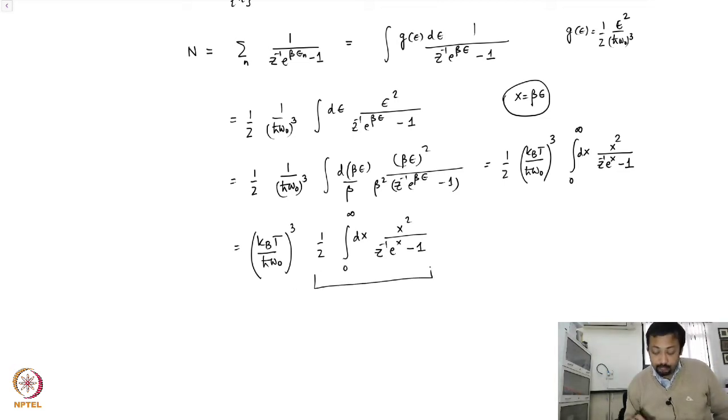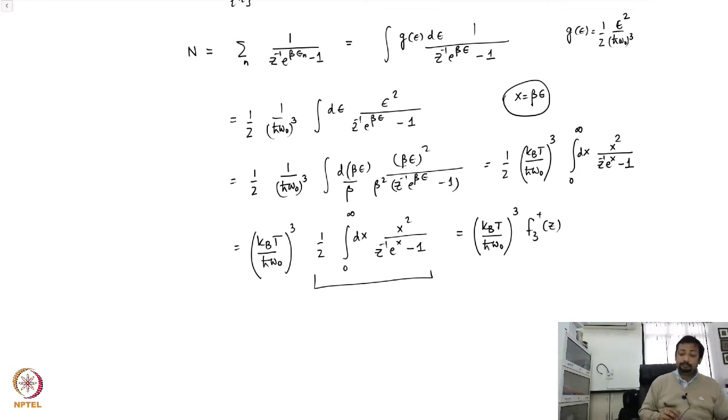But this form of the integral is very familiar to me, so I know that this is going to be (kBT over h bar omega naught) whole cube f_3 plus of z, right?